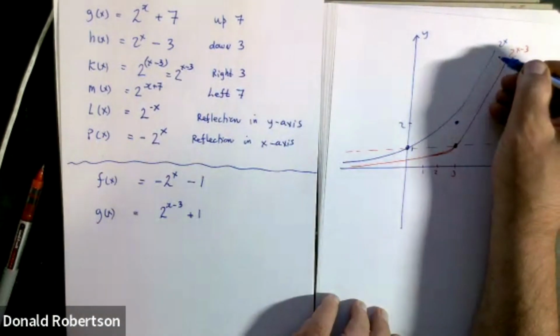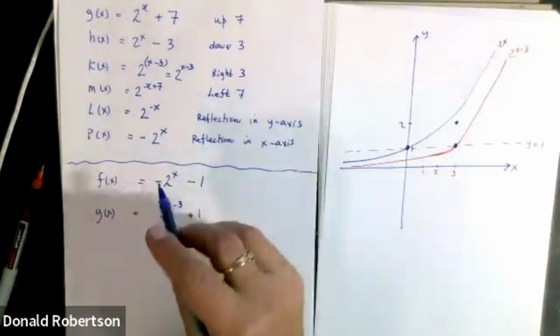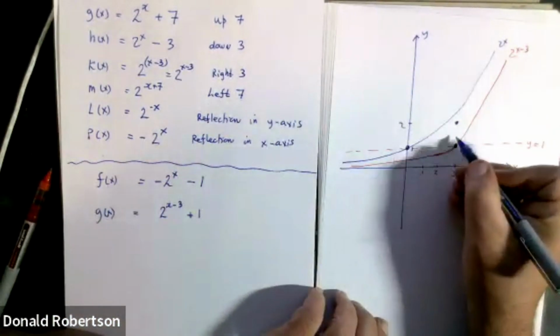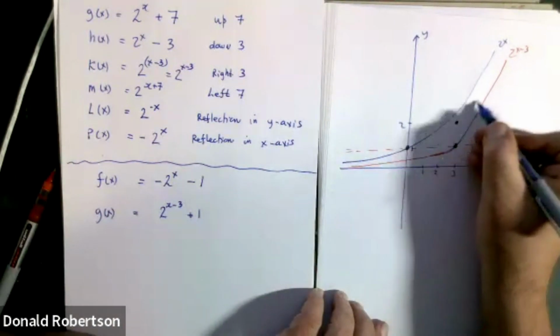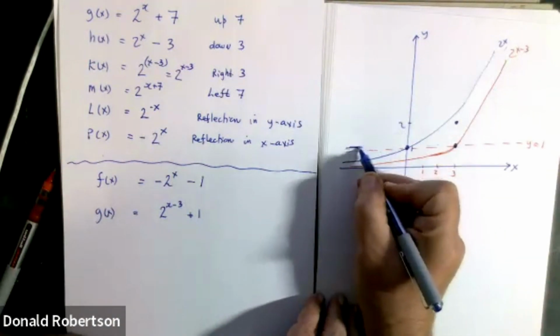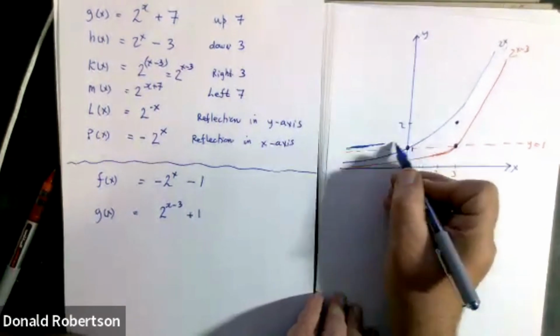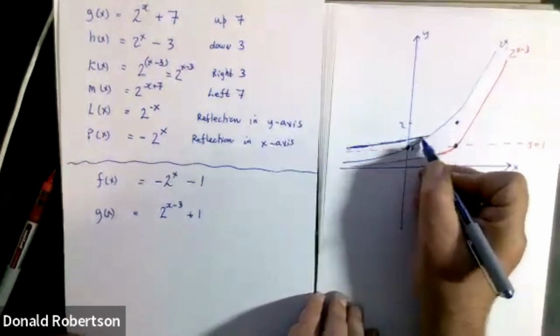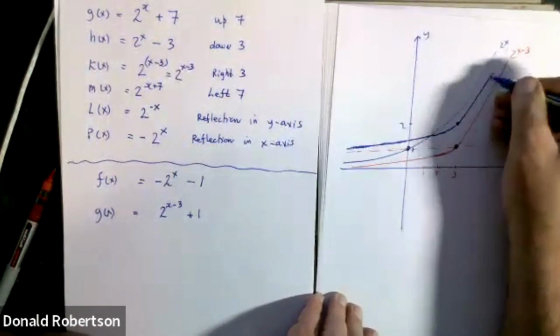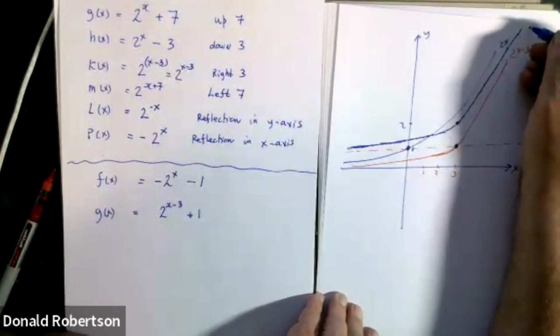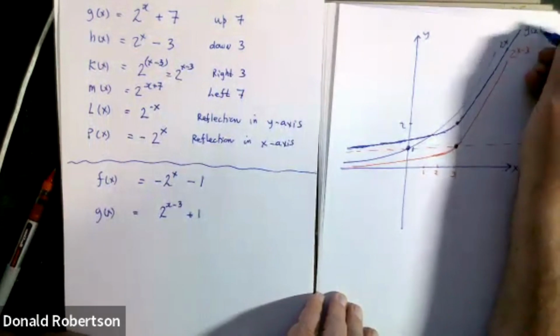I'll do it thicker then. So I have to pass through this point and level off here and climb up there. And there is your g of x.